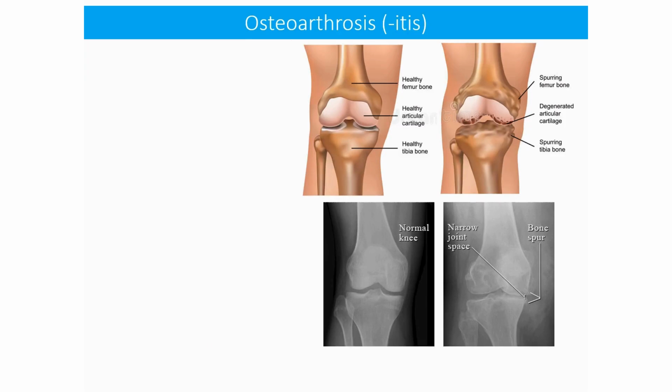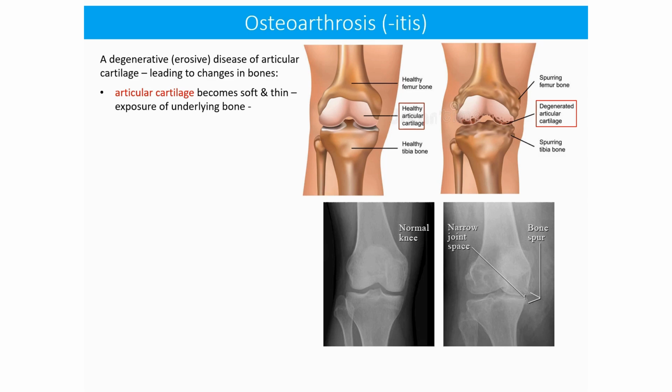Now let us have a look at osteoarthritis or osteoarthrosis. As earlier said, it is a degenerative or erosive process that involves the articular cartilage initially but leads to changes in the bone as well.